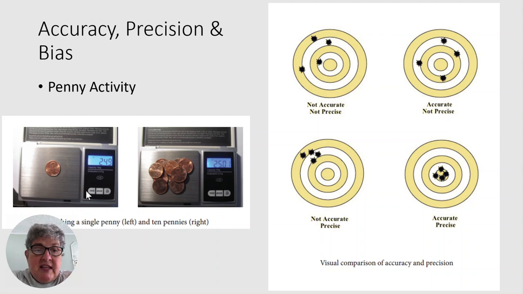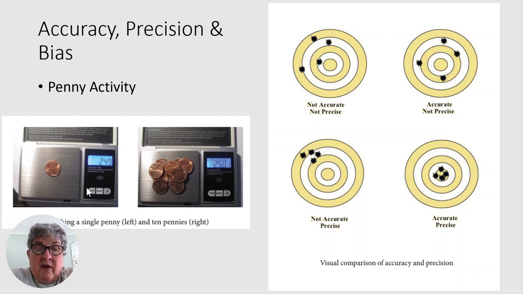Now, interesting thing about pennies is if you take 10 pennies and you weigh them, and you can take 100 pennies and you weigh them, you're going to get a range of pennies that are going to be between 2.356 and say 2.534.